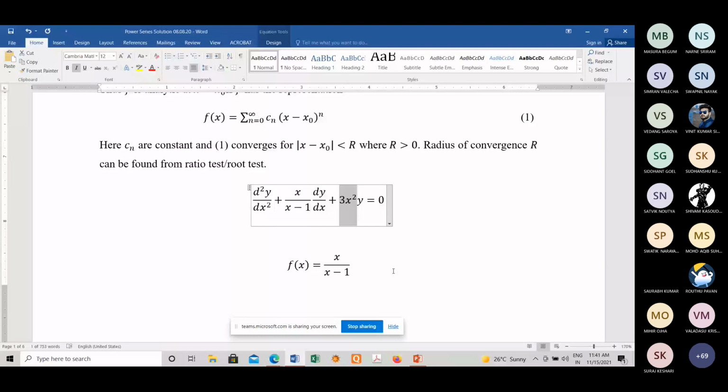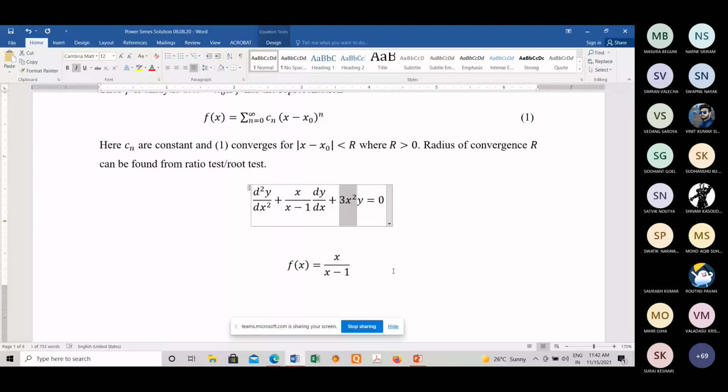If we have 3x square plus 7x plus 2, then again it is a polynomial and it will be analytic always. So every polynomial is analytic. Sin x, you all know that it can be expanded in terms of a series: x minus x cubed upon 3 factorial plus so on.